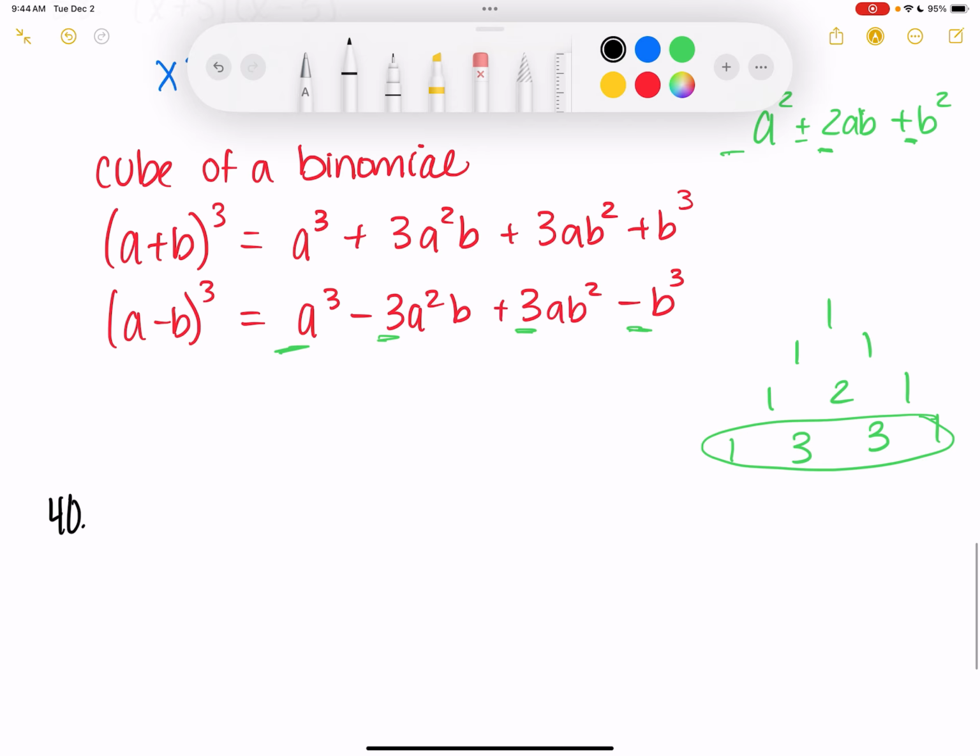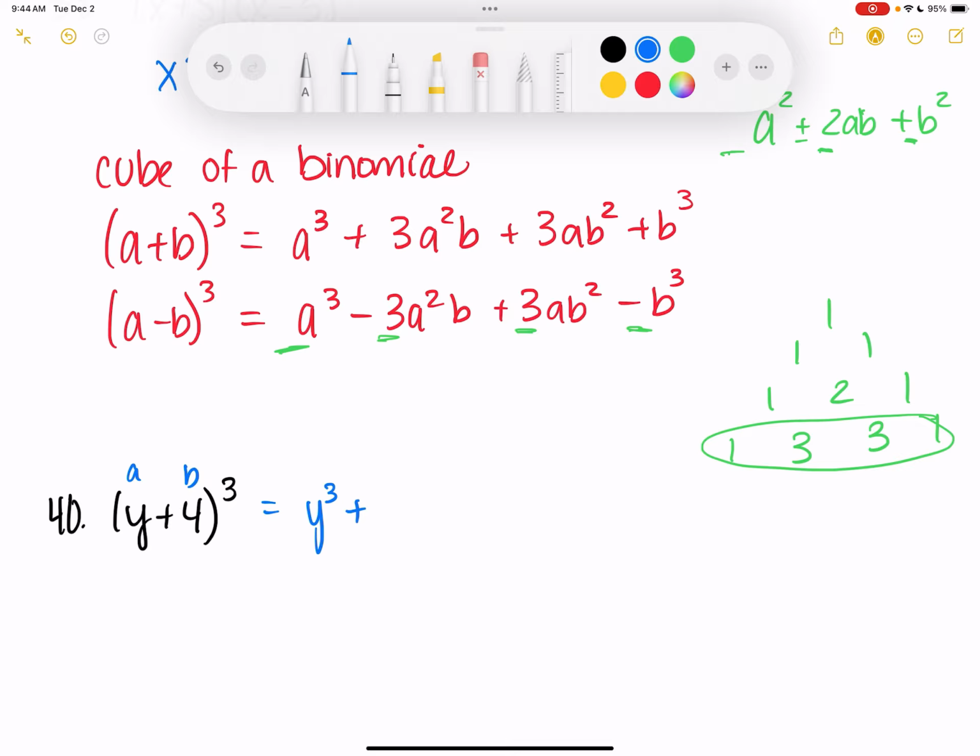So number 40, y plus 4 cubed. Okay, so this is a and this is b. So, a cubed, so I've got y cubed. This is plus, so everything's going to be plus.